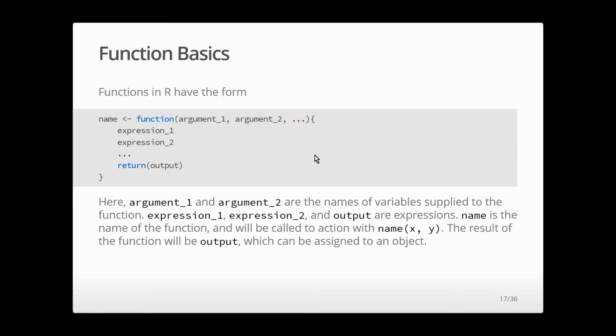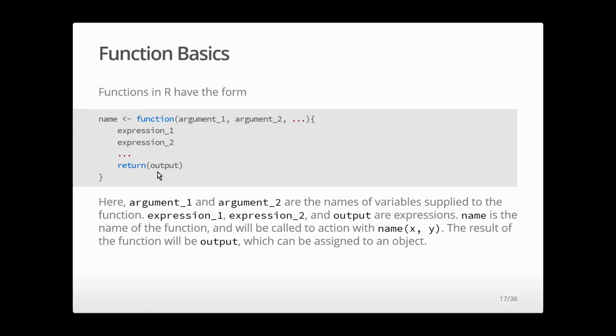and functions are always in the same form. You're going to have the name of the function, and you say function, and then you have a list of arguments in parentheses, and then you put in curly braces all the code that you want to run, okay? And then the last thing of your function should be kind of a return line, okay?